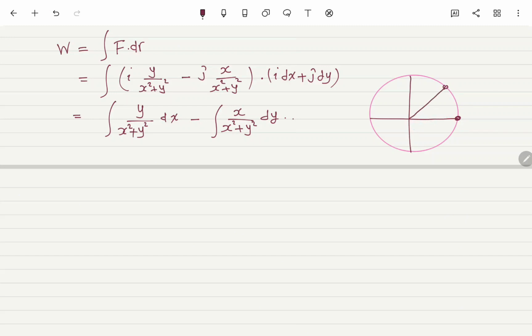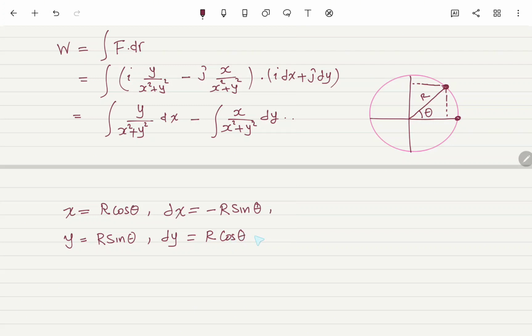If this is theta, x here is equal to r cosine theta, where r is the radius of this circular path, and dx will be equal to minus r sine theta d theta, because r is constant. y in this case is equal to r sine theta, and dy is equal to r cosine theta d theta as well.